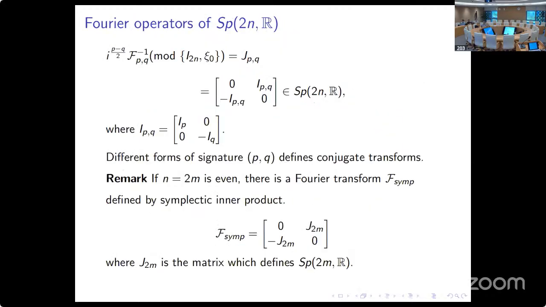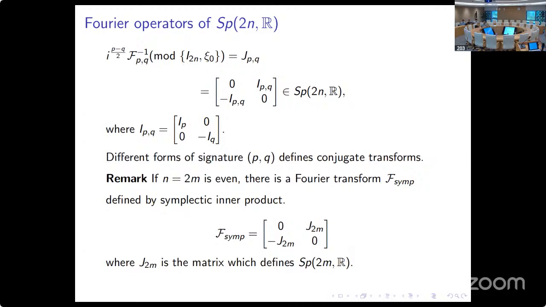Okay, so now we look at the group actions on that. We define the symplectic group as all the 2n by 2n real matrices that preserve the symplectic form, and there is this particular element, zero on the diagonal, but on the other part it is IPQ and minus IPQ.